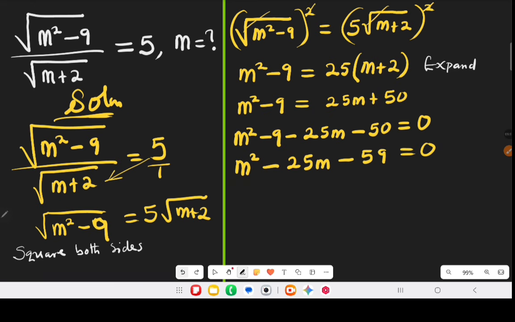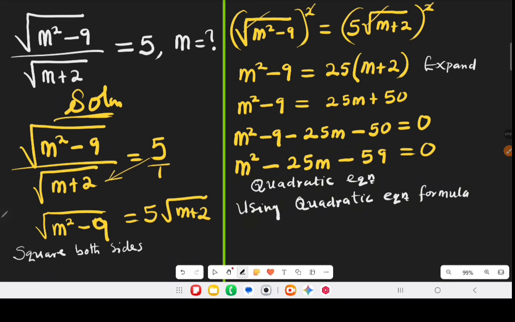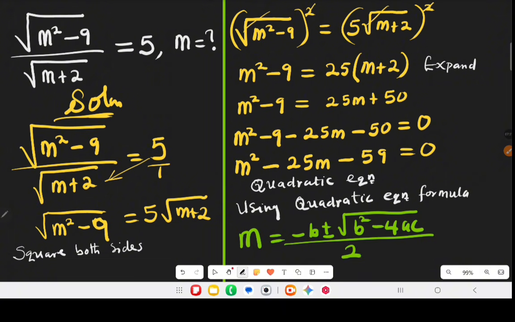Now let's go. The quadratic formula states that m equals minus b plus or minus the square root of b squared minus 4ac, all over 2a.